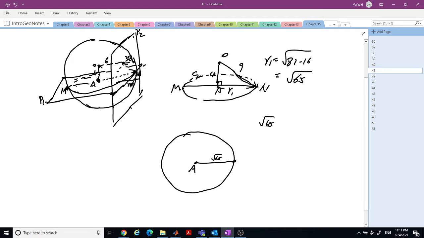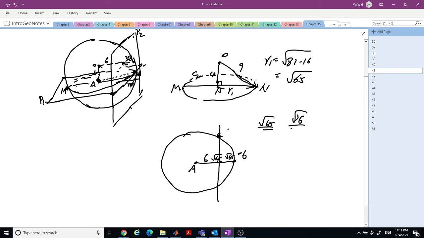Then root 65, and A to M. Okay, A to M is 6 units, right? So you can see A is inside, and the distance from A to M is inside here, right? So here is the 6. Here is root 65 minus 6.